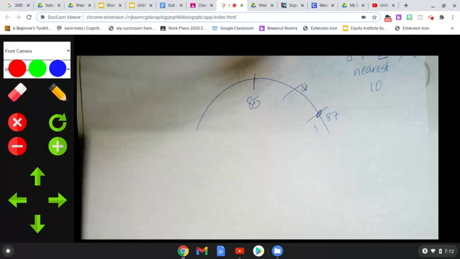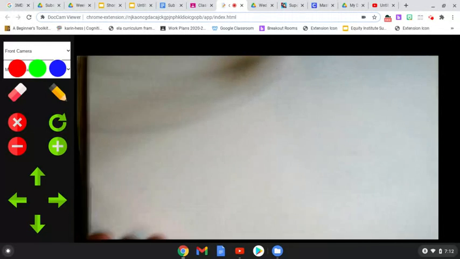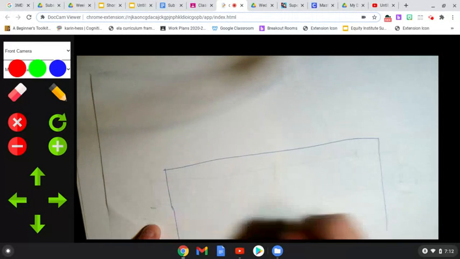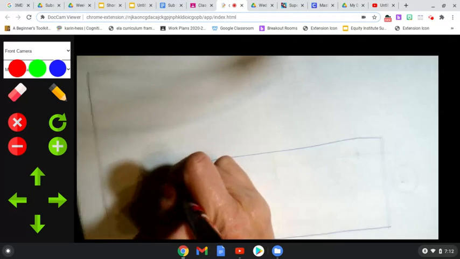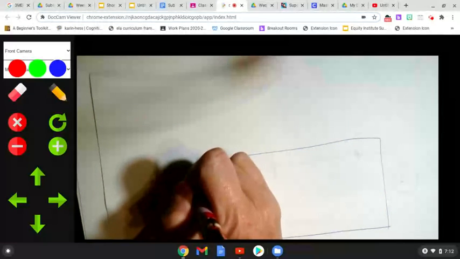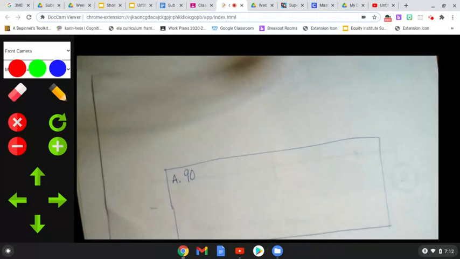So I want you to pretend that this is the little box from Mastery Connect, and I'm going to type the letter A, and then I'm going to write the number 90. I'm going to type it. If I do that part, I get 1 point. But I'm going to go even further.